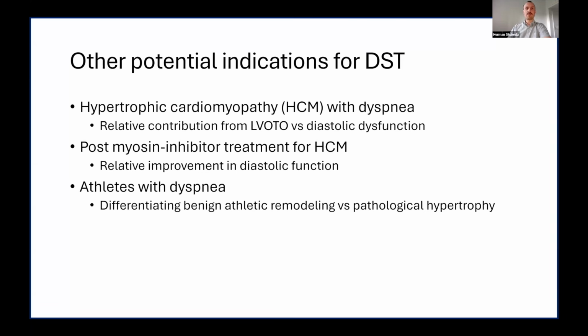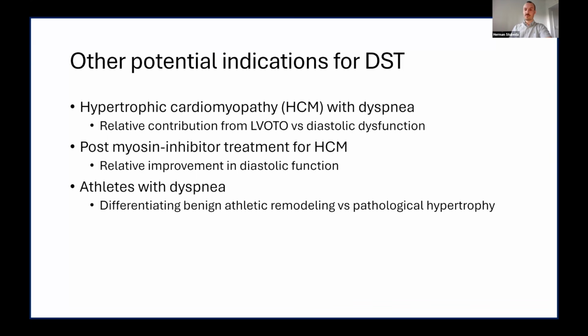There are also some other potential indications for diastolic stress testing, which are not currently in the guidelines, but they have been proposed. And these are very narrowly specific for certain conditions. For those, for example, with hypertrophic cardiomyopathy and dyspnea, diastolic stress test can help determine the relative contribution from LVOT obstruction and diastolic dysfunction. As you know, the thicker the myocardium in hypertrophic cardiomyopathy, the worse the diastolic function and the worse the potential LVOT obstruction.